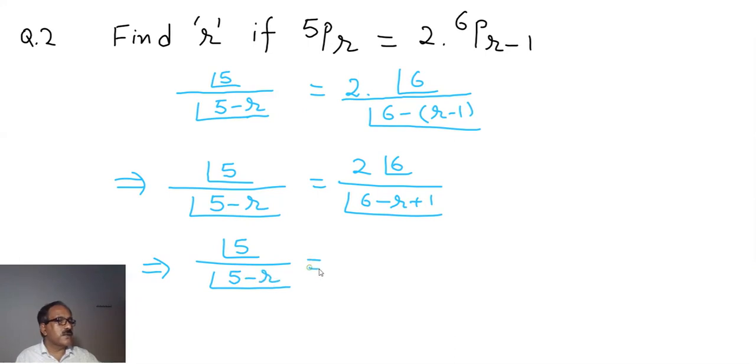See carefully here, in right hand side, in numerator part, 2 as it is, you have to write factorial 6. Take 6 outside from this factorial, then inside we will have 6 minus 1, that is factorial 5. In denominator, 6 plus 1 is equal to 7 minus r.